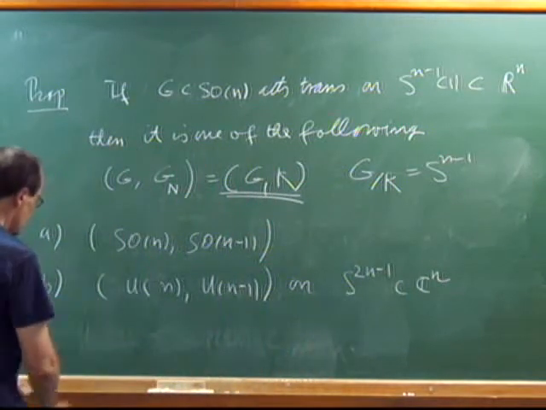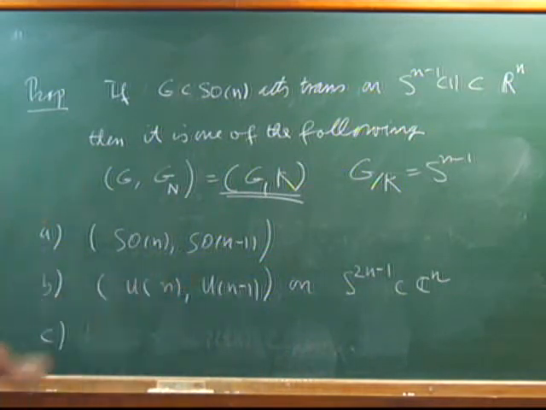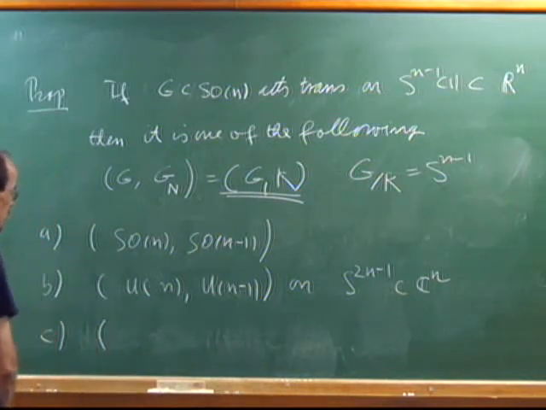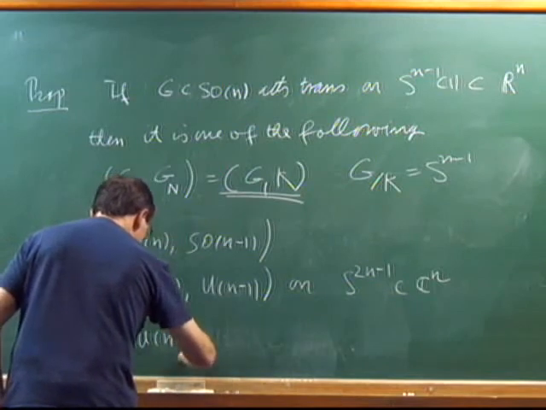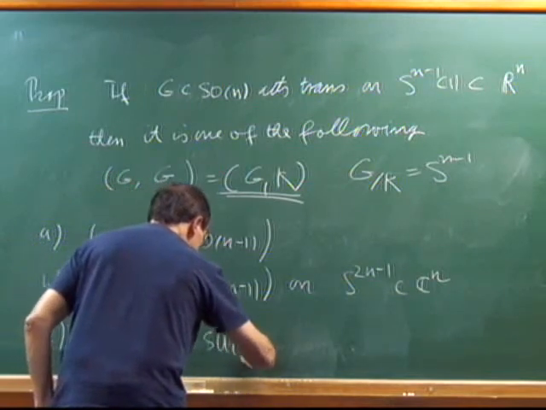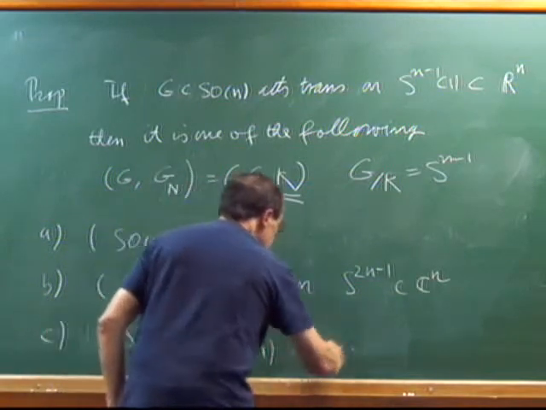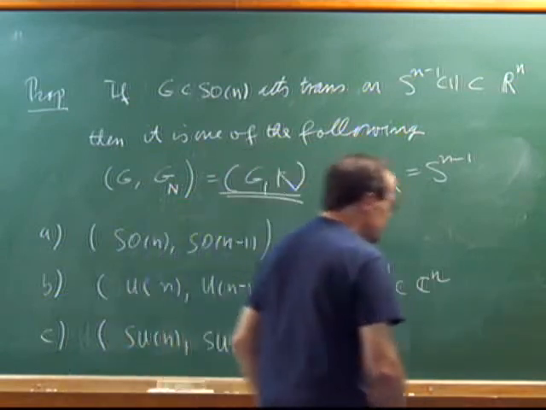I think we talked about this transitive action before also. Right, that's how we compute the fundamental group of the unitary groups. And then I can also look at the subgroup SU(n) over SU(n-1). That also acts transitively on the same sphere.